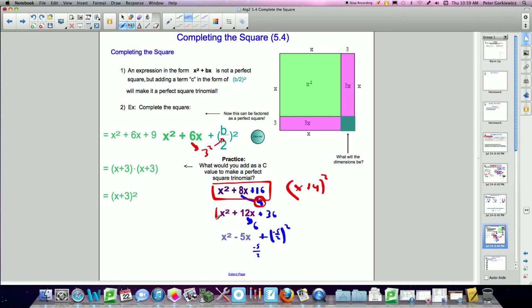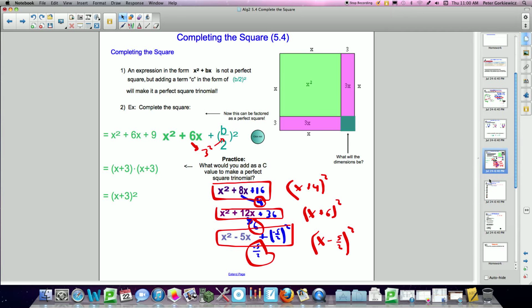And this will change into (x + 6) squared. Right? The 6 is this piece that we found, squared. And this will change into (x − 5/2) squared, right? The 5/2 is this piece that we found. Neat?